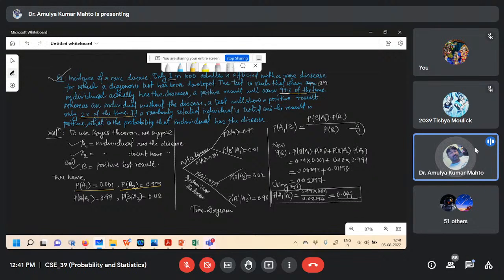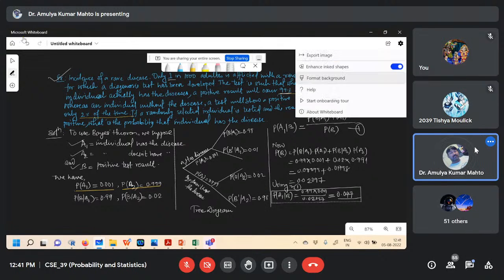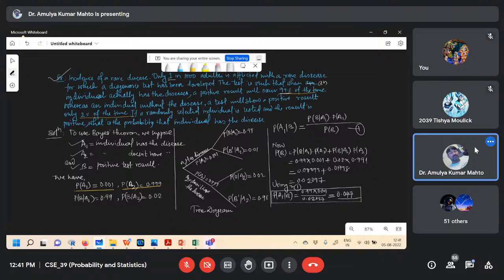Probability that he is not having that disease is 1 minus probability of A1. So this is 0.999.